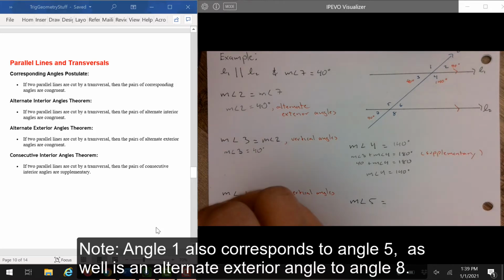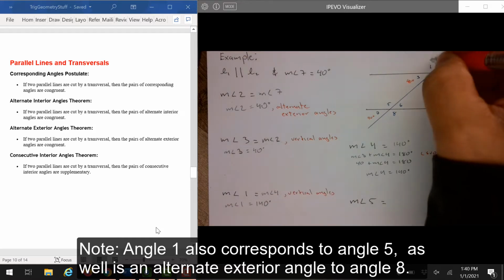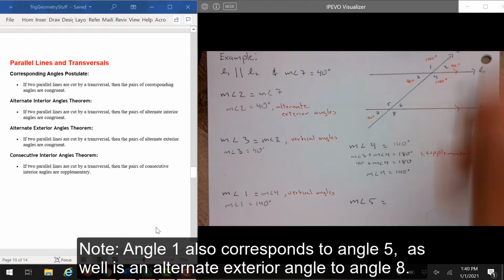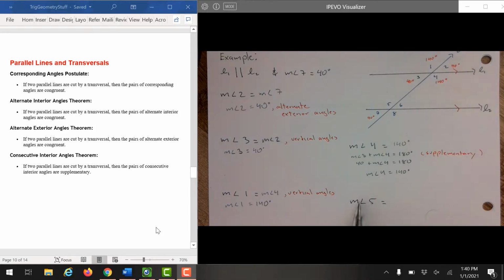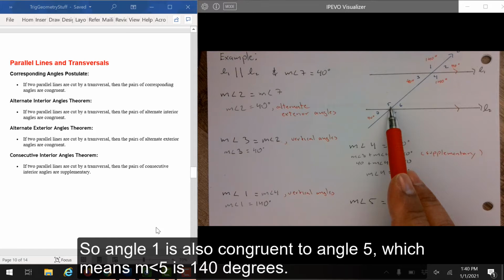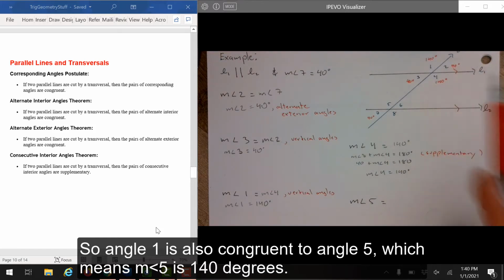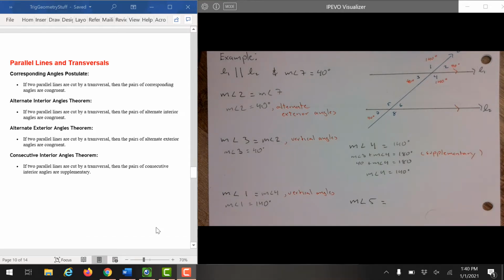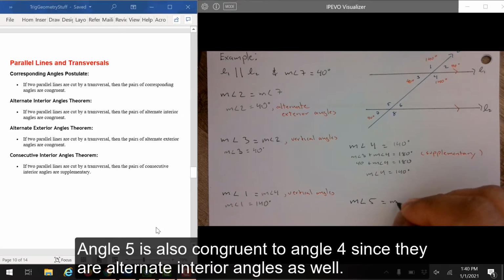Note, angle 1 also corresponds to angle 5, as well as an alternate exterior angle to angle 8. So angle 1 is congruent to angle 5, which means the measure of 5 is 140 degrees. Angle 5 is also congruent to angle 4 since they are alternate interior angles as well.